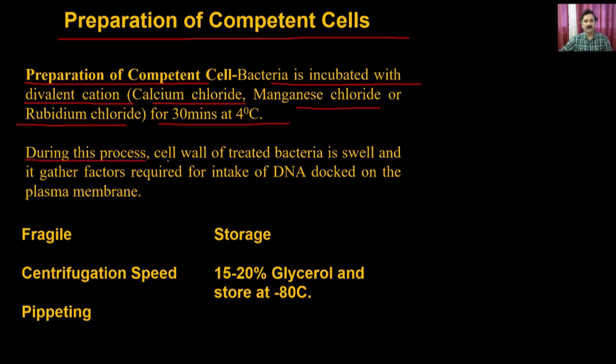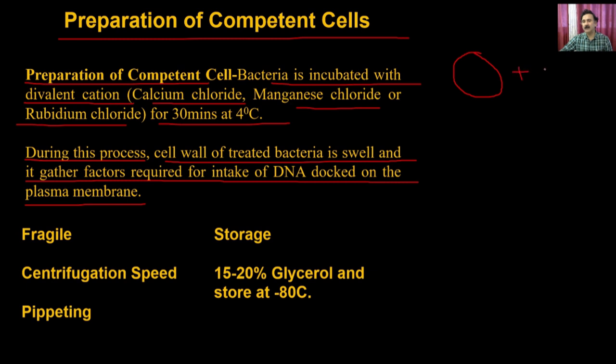During this process, the cell wall of the treated bacteria is swelled and it gathers the factors required for the intake of DNA docked onto the plasma membrane, which means if you treat a bacterium with calcium chloride, with the divalent calcium, you are bringing a lot of factors onto the cell surface, and these factors are binding the DNA or allowing the docking of the DNA.